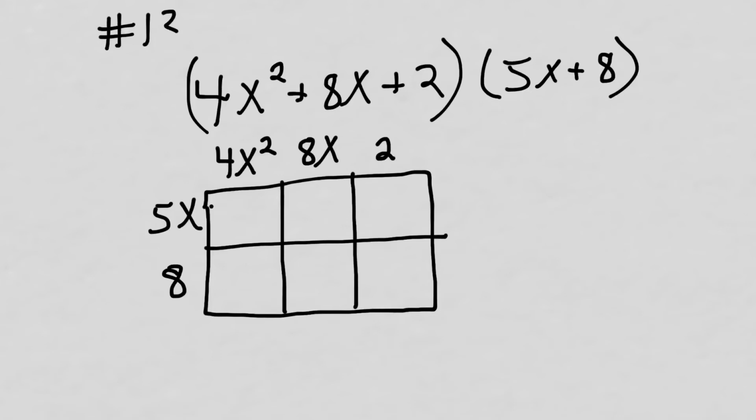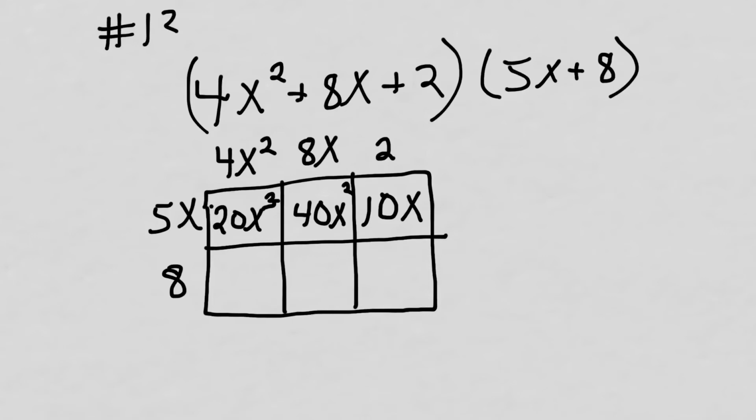5x times 4x squared is going to give us 20x cubed. 8x times 5x is going to give us 40x squared. And then finally 2 times 5x is going to give us 10x.